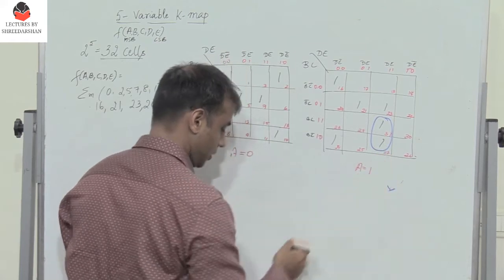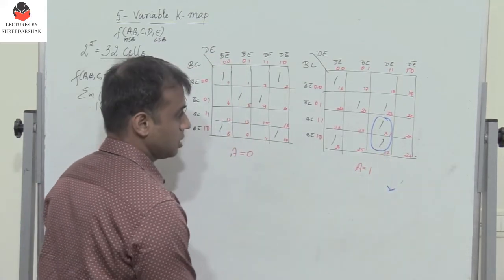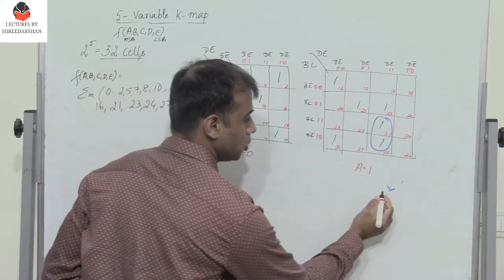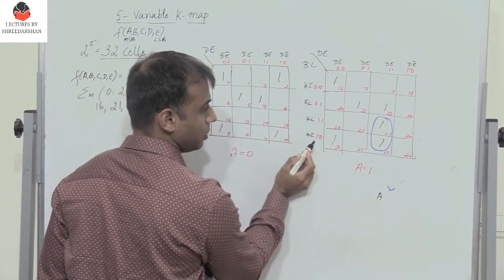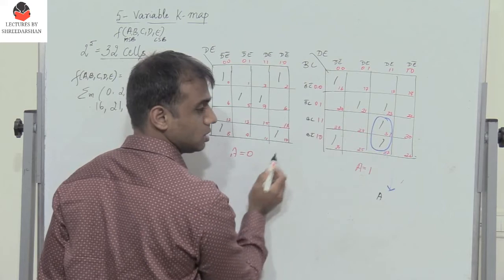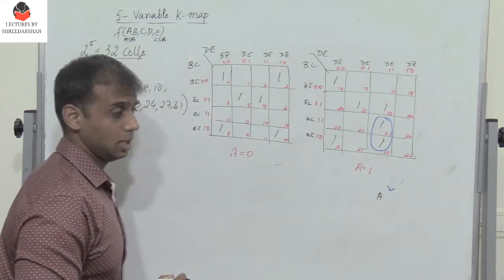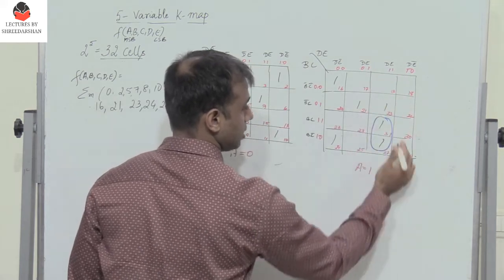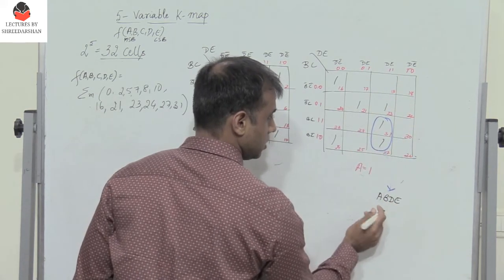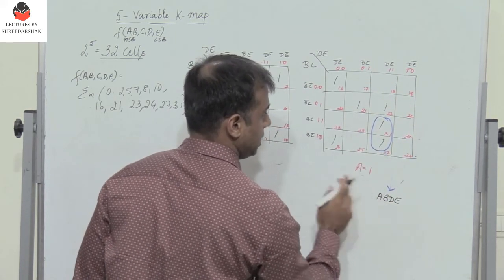If I need to write the reduced expression for these two ones, of course A is 1 here, so it is A. Now I find that C is complementary for these two ones, so C variable gets eliminated. B is common, so I have B, and then it is DE. So the expression is ABDE.